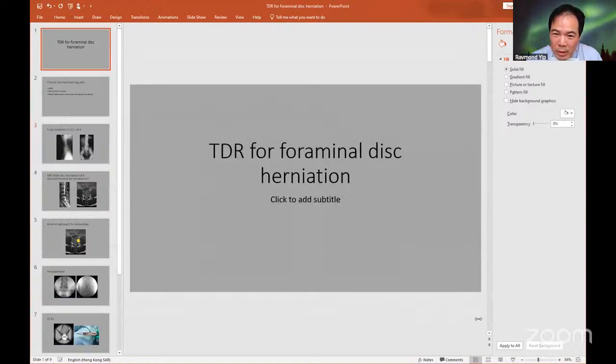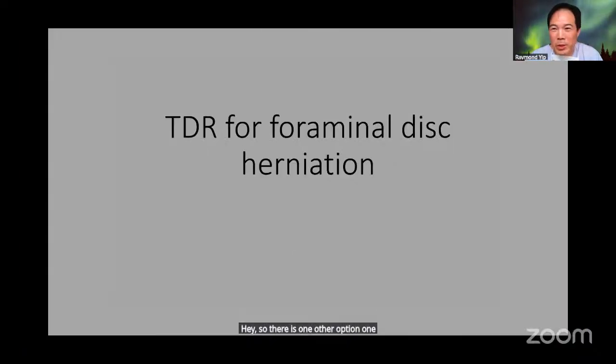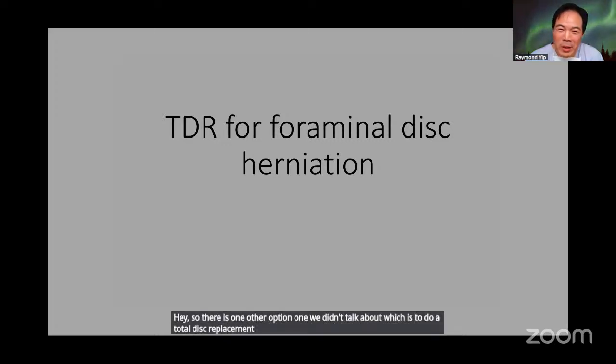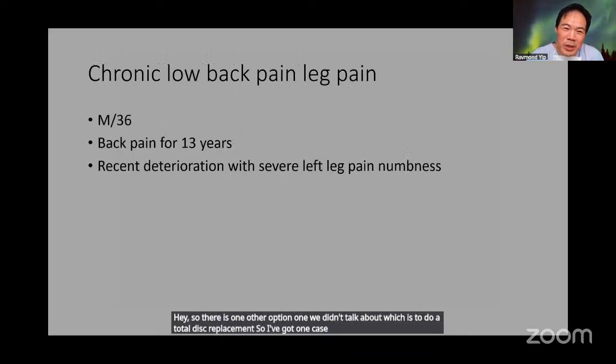Okay, so there is one other option which we didn't talk about, which is to do a total disc replacement. So I've got one case here. This patient has had back pain for 13 years, and he's had recent deterioration in back pain with severe left leg pain and numbness.